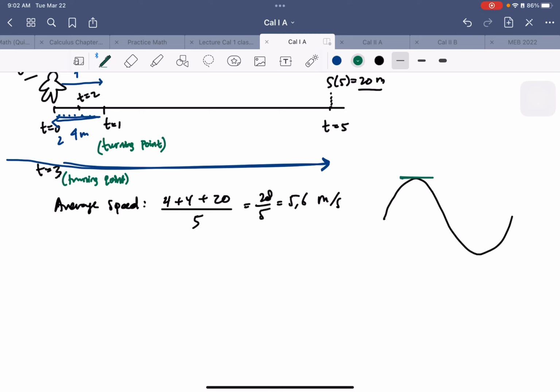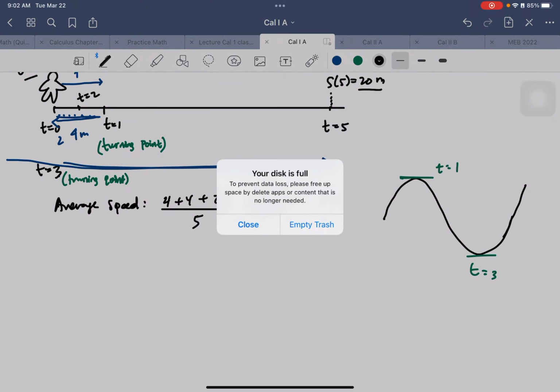And we'll have the turning point here, that is t equals 1, and this is t equals 3. So we have the graph. We have some slight increasing, then decreasing, and then increasing again. And this is what we are going to analyze and observe in the next section, in chapter 4.